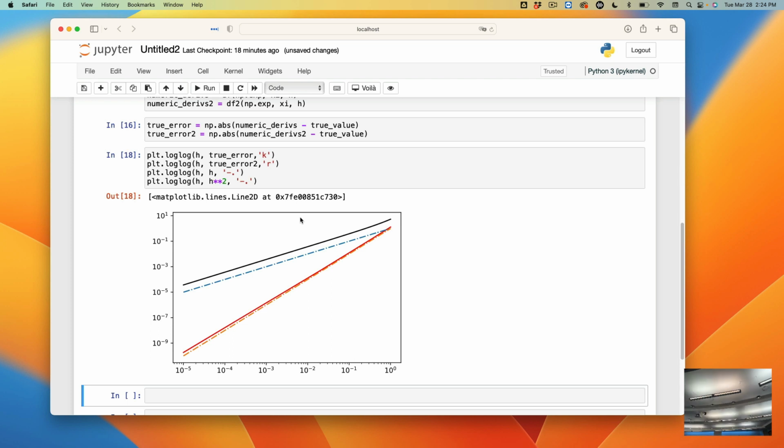And then you see that they're almost parallel over here. They diverge a little bit over here as we get to smaller and smaller h, but that's fine. What matters is that we captured a range where that error changes correctly as a second order, with a slope of 2.